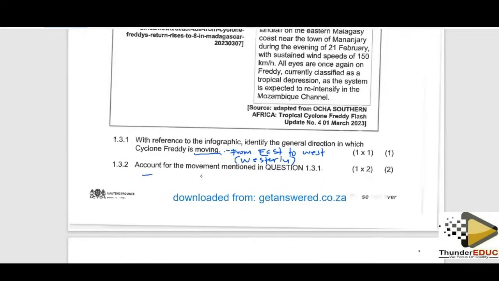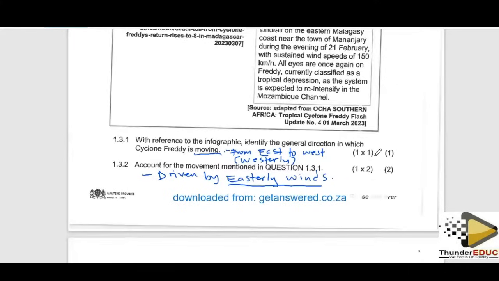Then you're going to say because of the influence, or could you say being driven by easterly winds. I believe all of us understand what easterly winds are, because we know that winds are named from the direction where they are coming from.